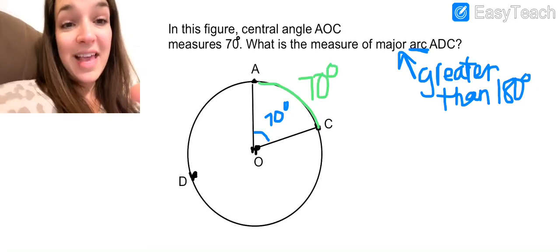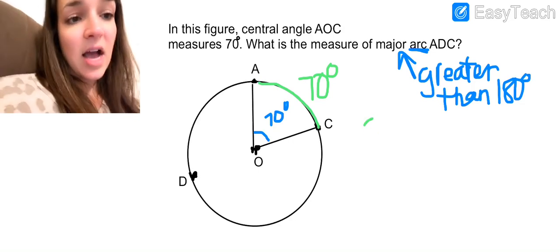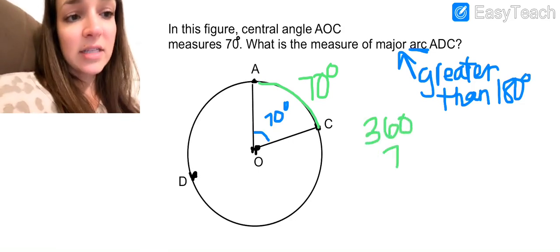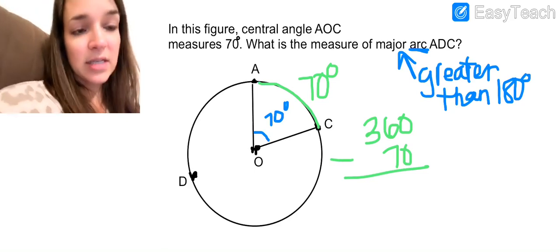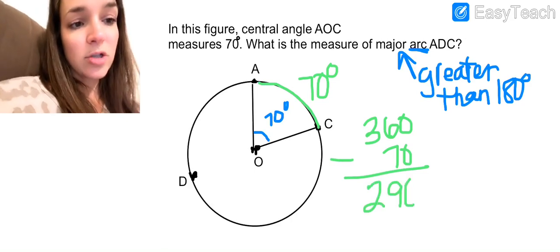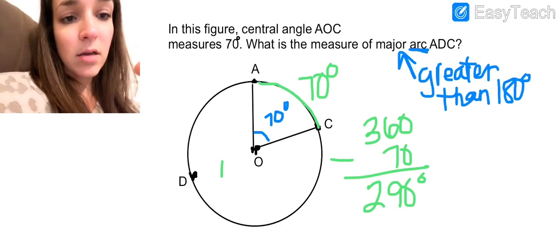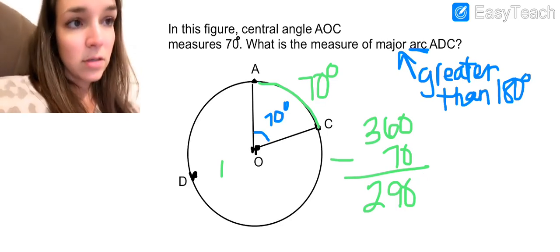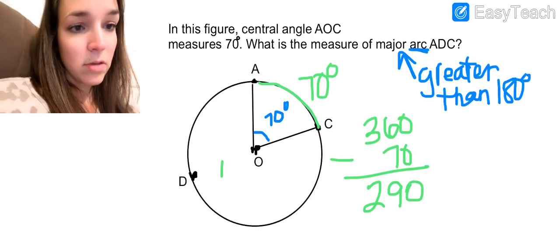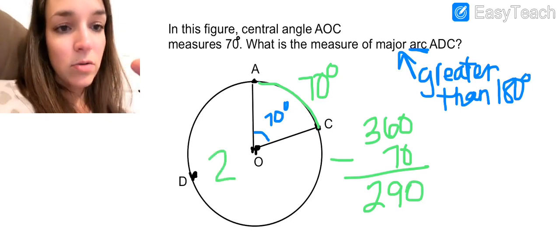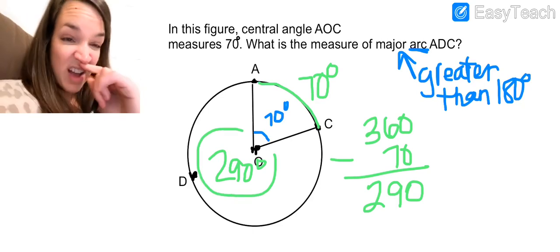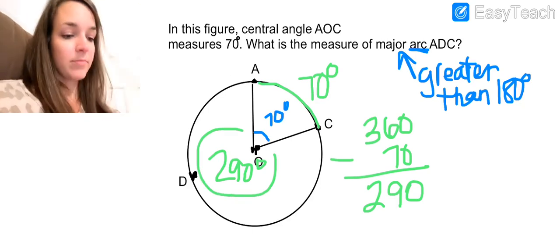Well, if I know the whole thing is 360, I can just take that 70 degrees and subtract it from 360, which would then give me 290 degrees. So 290 would be the measure of my major arc.